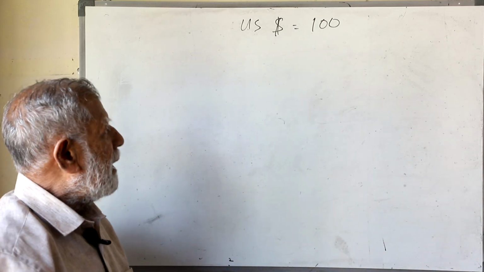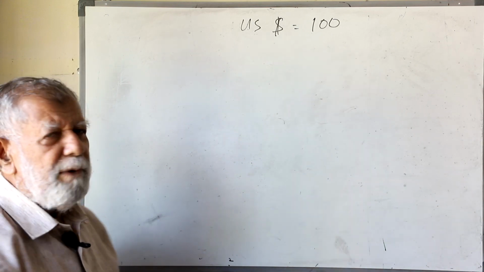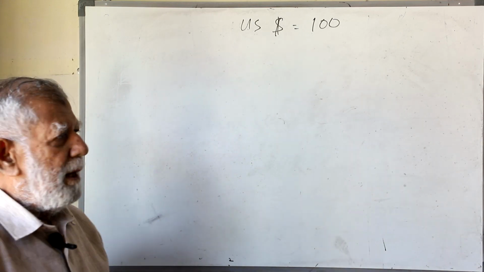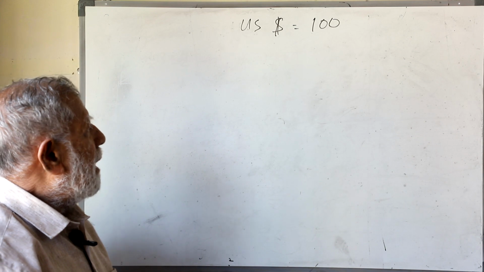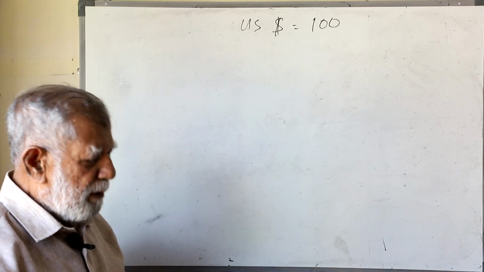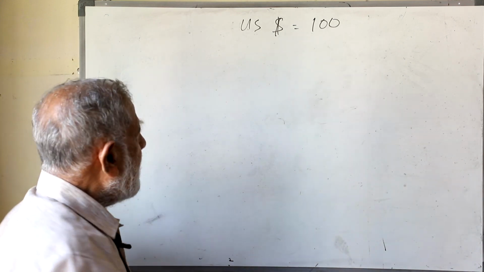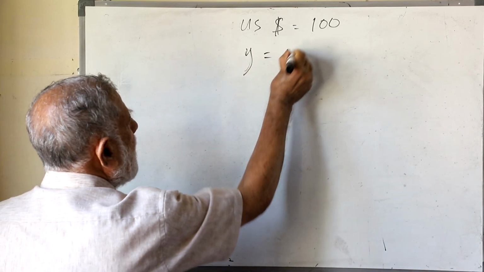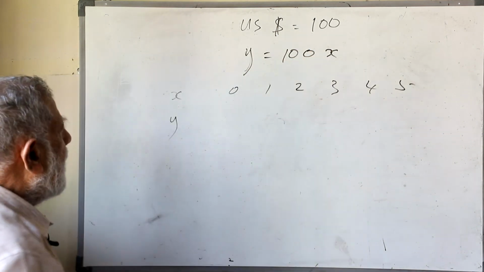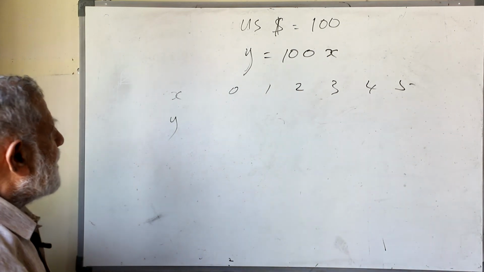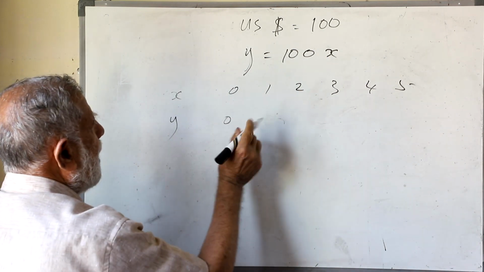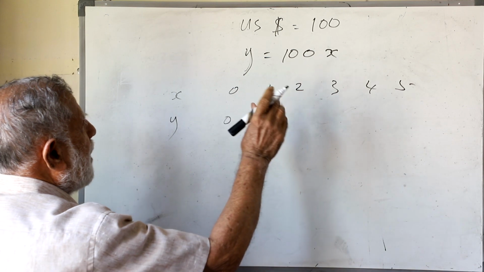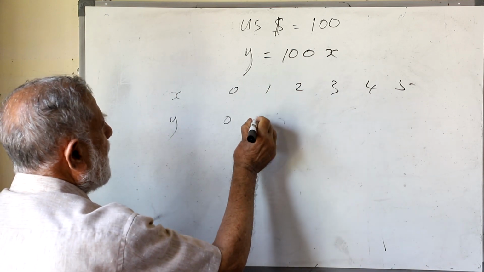We can draw a graph and calculate for whatever values of US dollars and whatever values of rupees. We write an equation y is equal to 100x. When x equals 0, y is 0; when x equals 1, that is $1, it is 100 rupees.